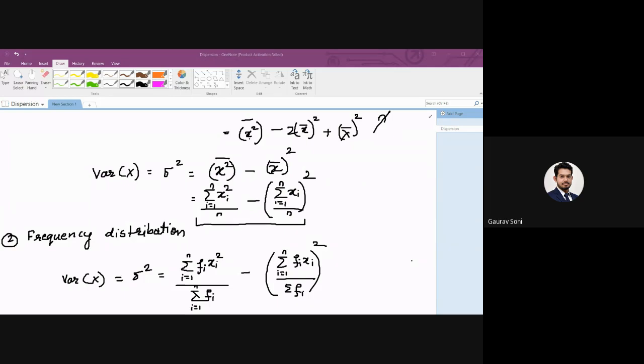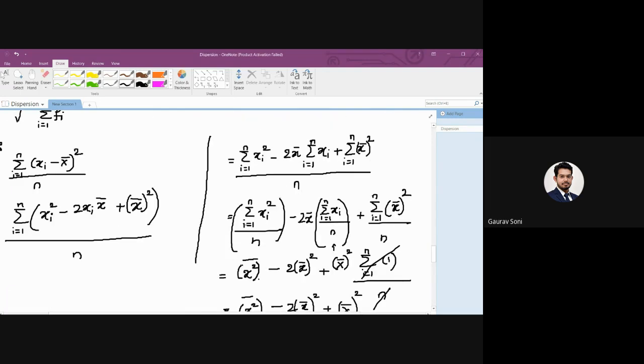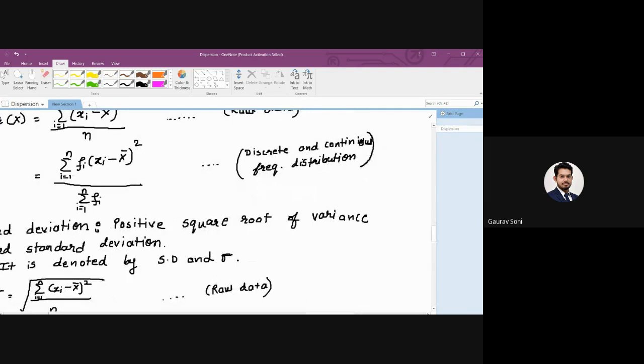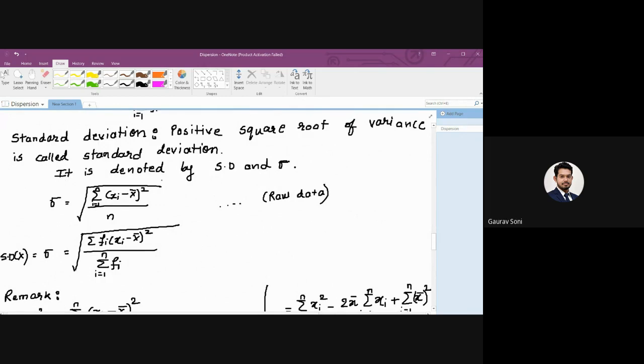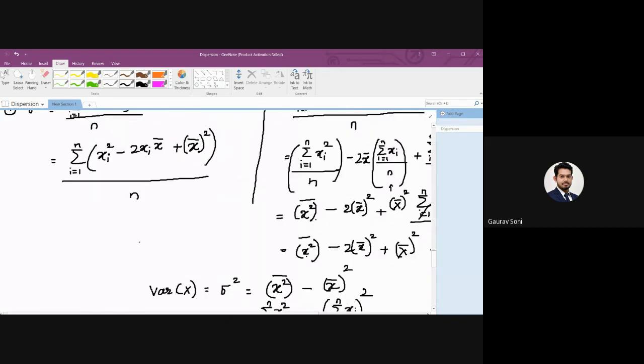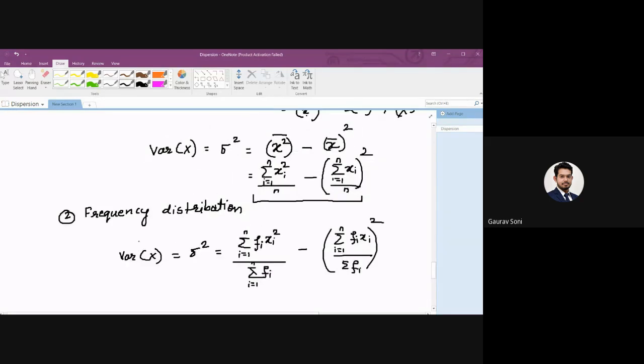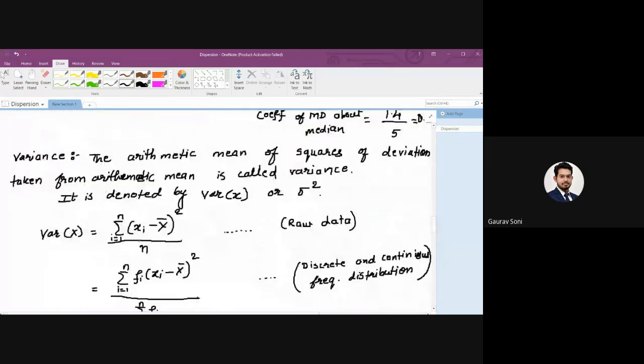So look, this formula is quite easier than the earlier one. I'll go to the earlier one. So both the formulas, this summation fi xi minus x bar whole square upon summation fi, where i is running from 1 to n, and this one, both the formulas are for variance.